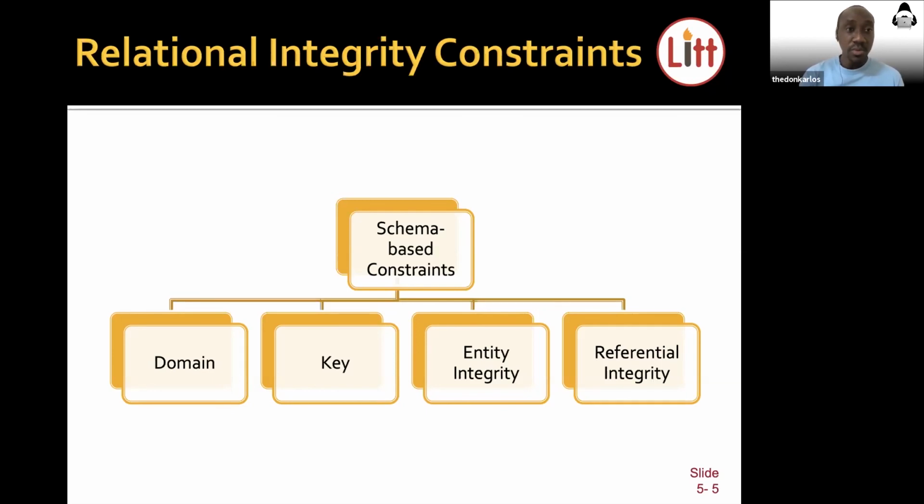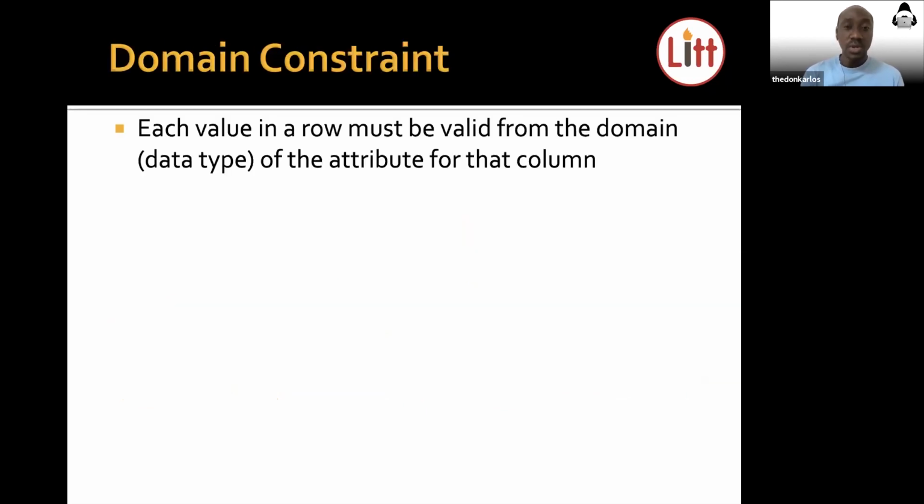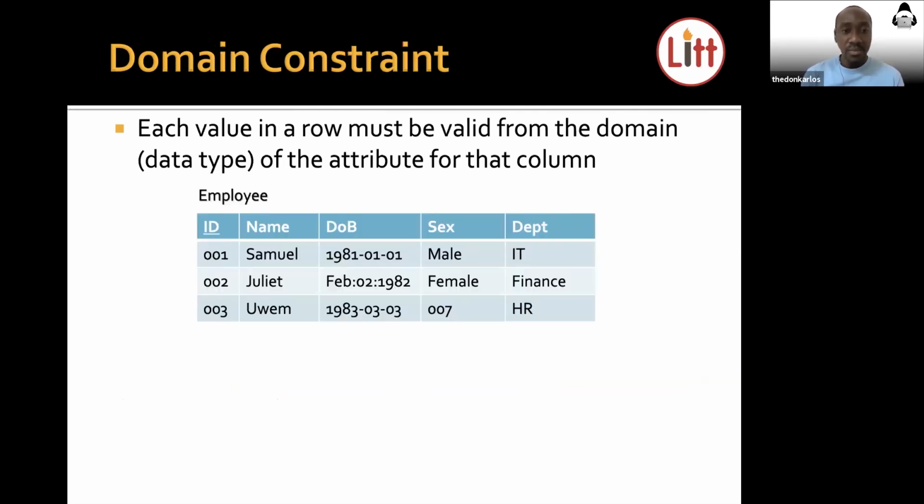We'll start with the domain constraint, that we looked at last week. It mainly talks about using valid data from the applicable domain or from the right data type. So we had an example of an employee table with ID, name, date of birth, sex, and the department. When we look at this, we should be able to identify that there is some data that is not consistent or doesn't follow the right data type with the other ones.